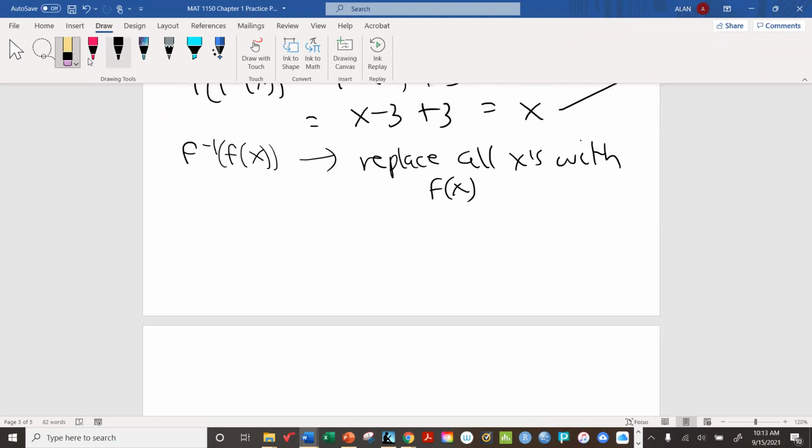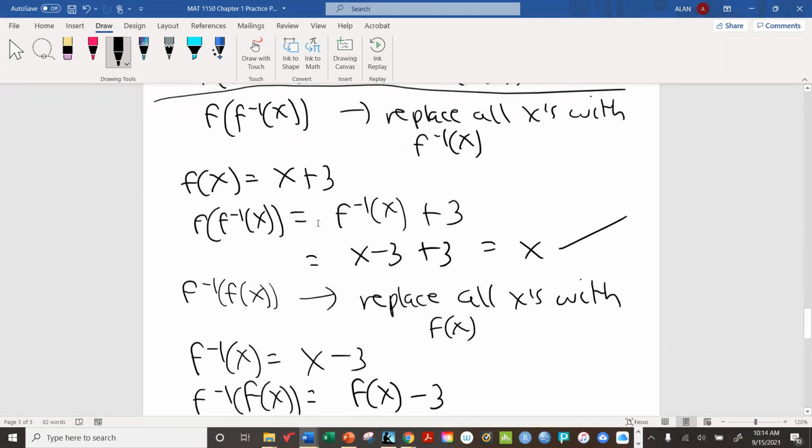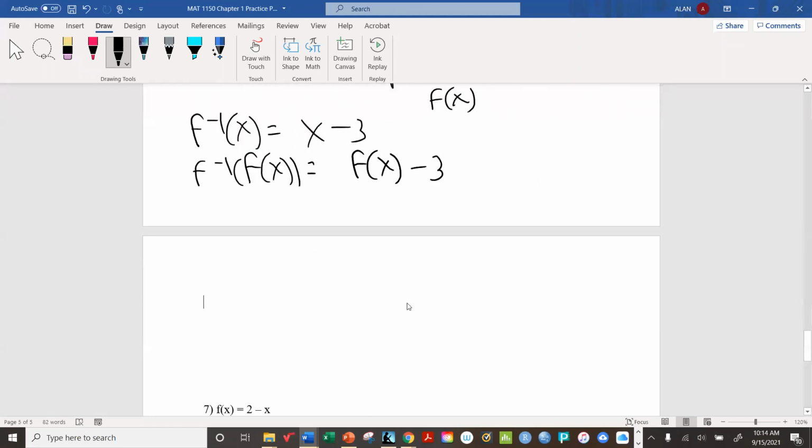So therefore, f inverse of f of x is f of x minus 3. And f of x, the original function, was x plus 3. And that equals x, so we're good. So we not only found the inverse, but we proved it.